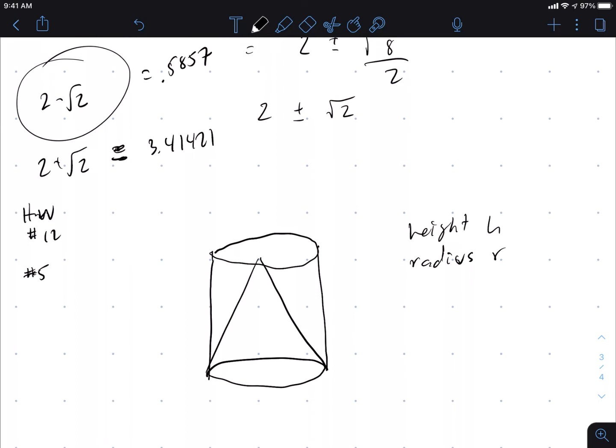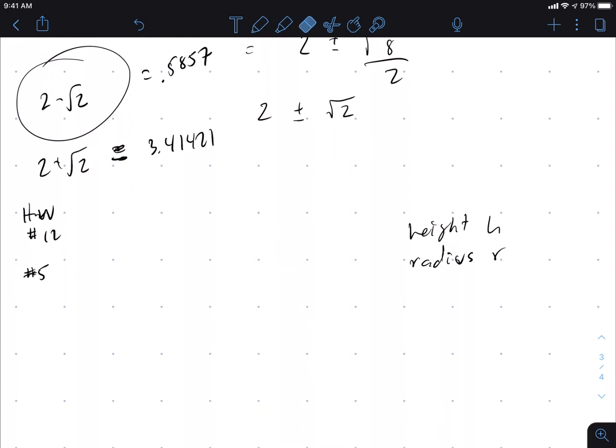Oh, I actually drew it wrong. It says a right cylinder is inscribed in the cone, so it's reverse that. So I have a cone and then a cylinder that's within it, right?